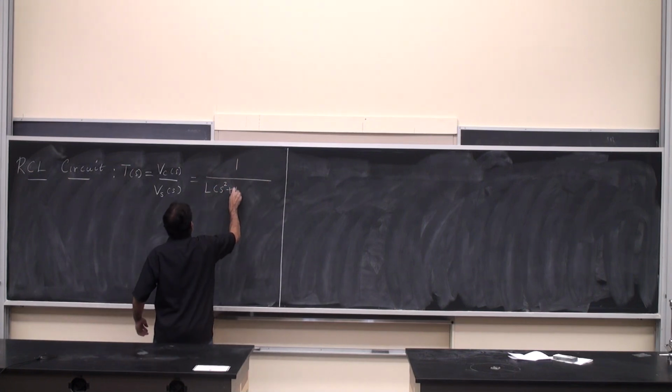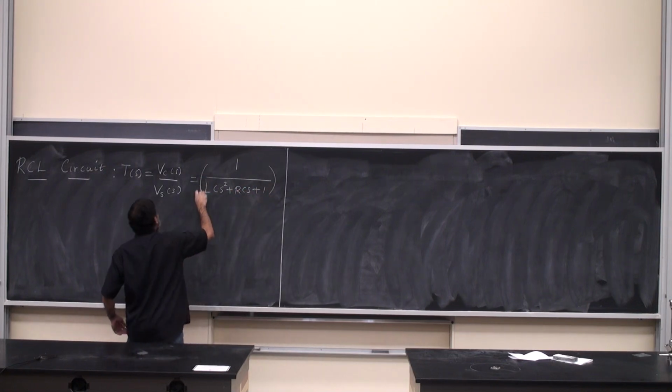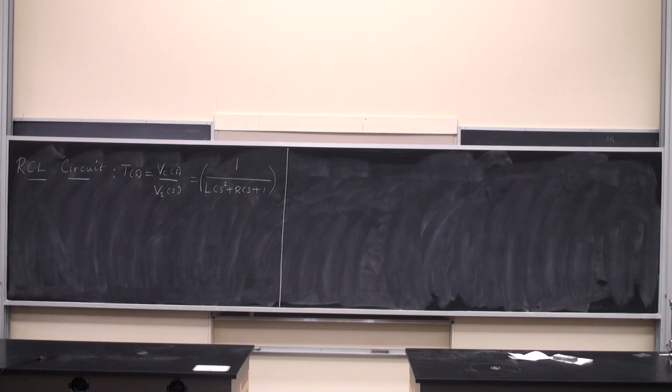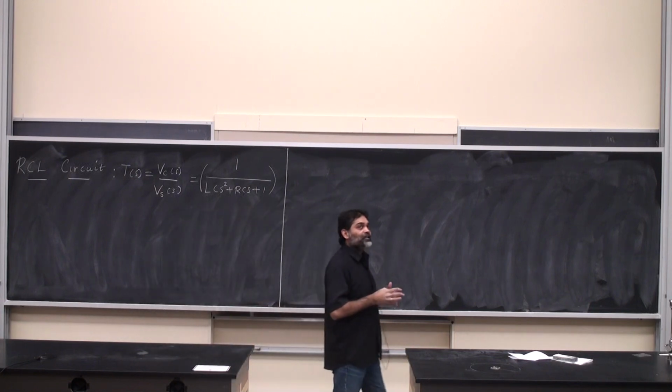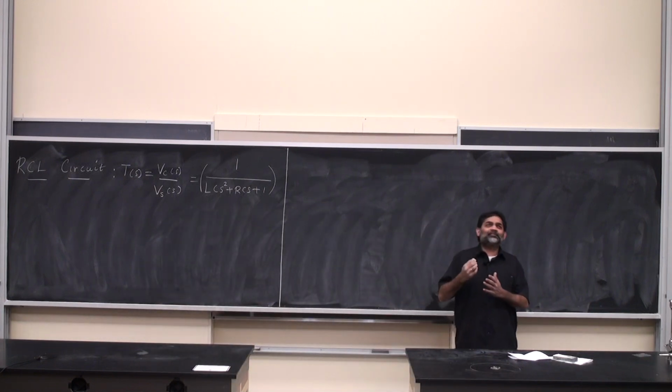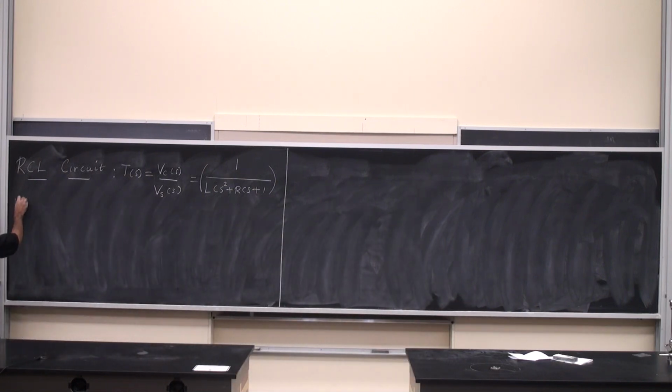LC S square, RC S, plus 1. Okay. We were able to compare this with the standard form of a second order ordinary differential equation. We were able to extract the natural frequency omega n, which is 1 by root LC.